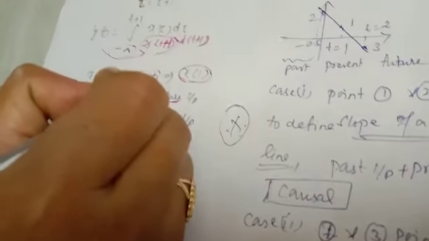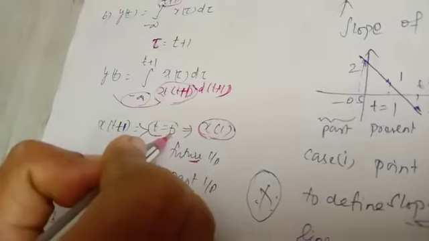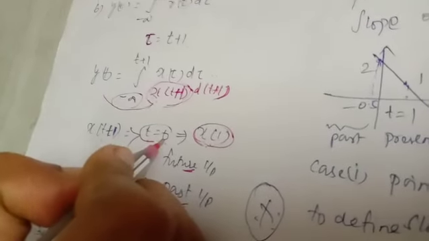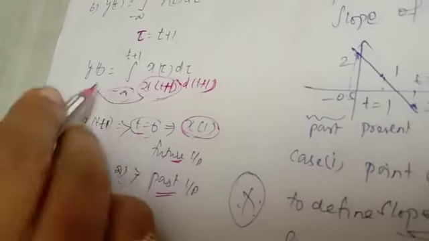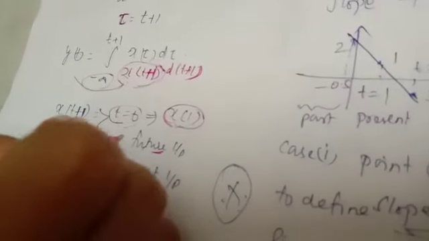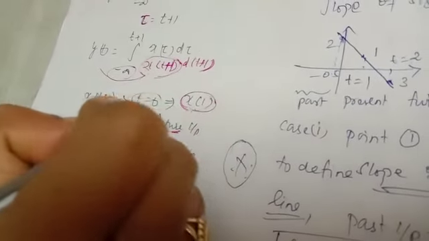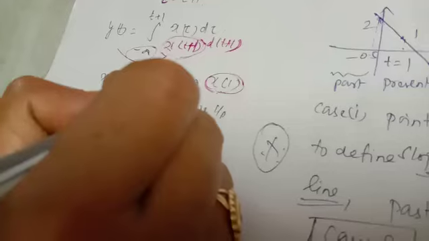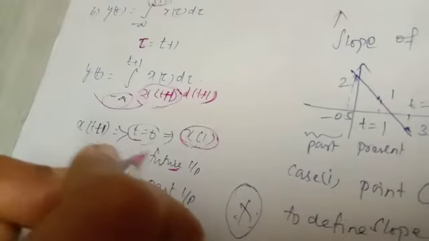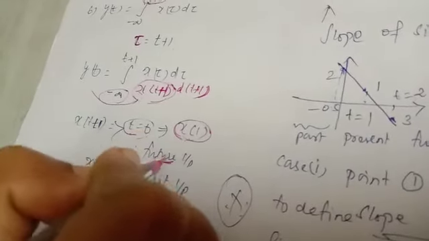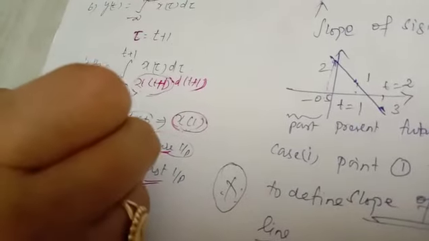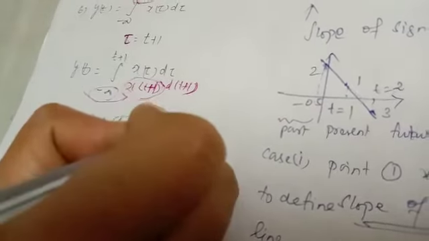Even if for one value the system is found to be non-causal, the total system is non-causal. For t equal to 0, y of 0 equals x of 1, which is a future value. t equal to 0 is the present value, x of 1 is the future input. So the system is non-causal.